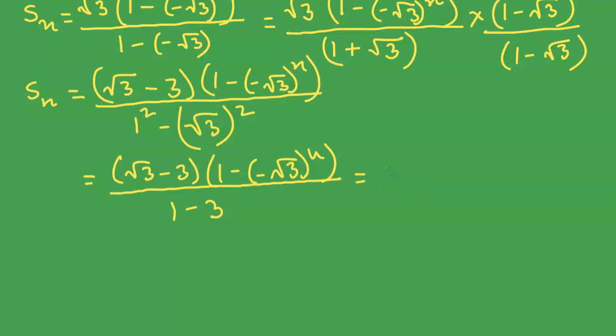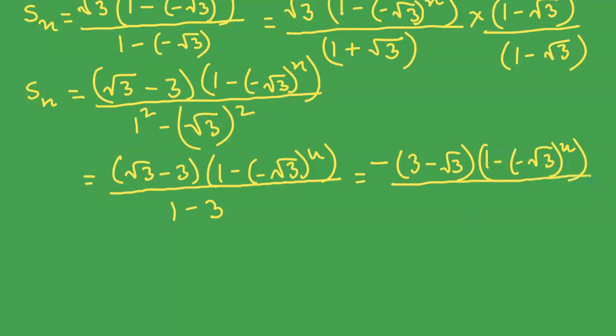So what I am doing is, I am just taking the negative sign out from that part, and I am writing this as 3 minus root 3. And the second part of the numerator remains the same. And this is negative 2, so I can cancel these two.